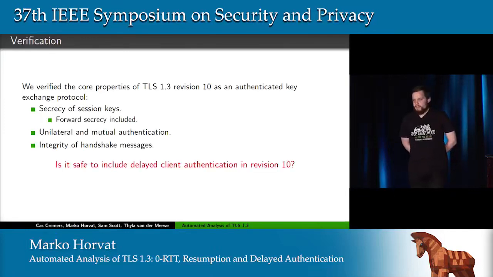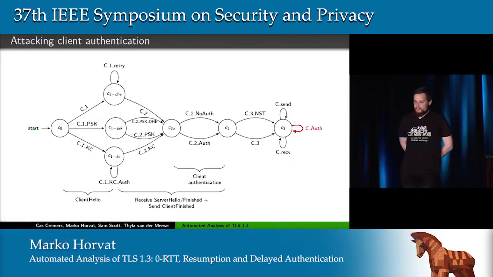The last thing that we wanted to check is whether it was safe to include the delayed client authentication mechanism in revision 10. And for this particular version of it, which is the initial proposal, which came about at IETF 93, which is this unrestricted variant, Tamarin says no. So we managed to use Tamarin to find an attack on this unrestricted version of the delayed client authentication mechanism.